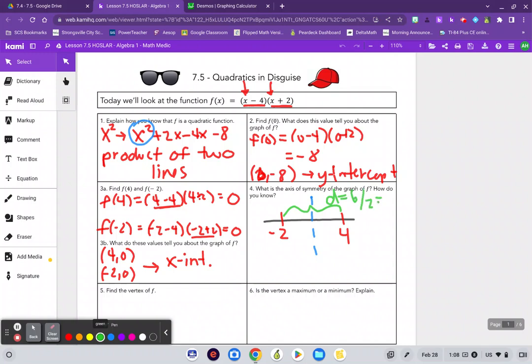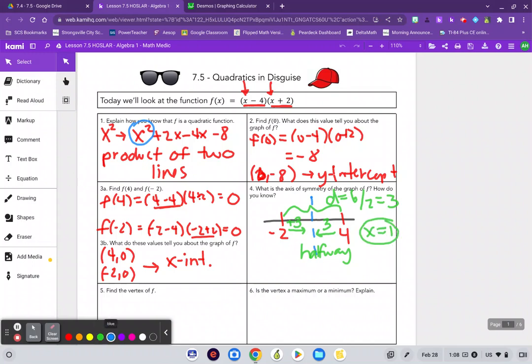Cut that in half because I'm trying to find the halfway mark. So that's 3. Negative 2 is 3 units away from the axis of symmetry, and 4 is also 3 units away. So either negative 2 plus 3, because I'm headed to the right, or 4 minus 3, because I'm headed to the left. That makes my axis of symmetry at 1.